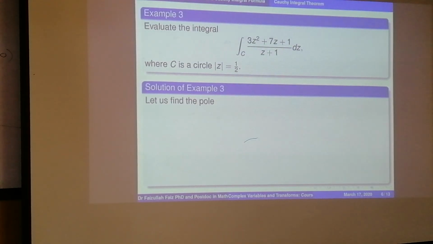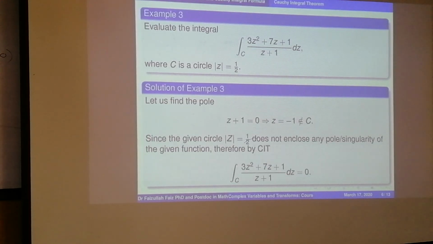Let us find the pole. The pole in this case is -1, and it does not lie inside or on the closed curve C. So that is why, by the Cauchy integral theorem, this is equal to 0.